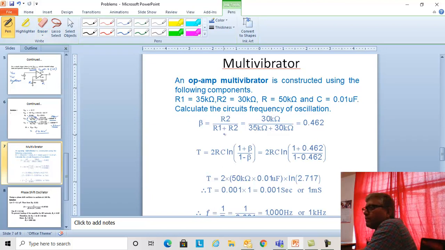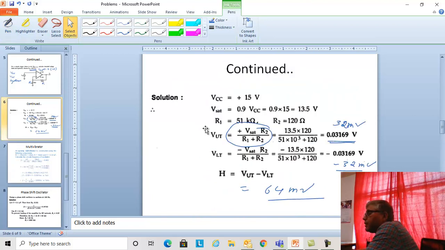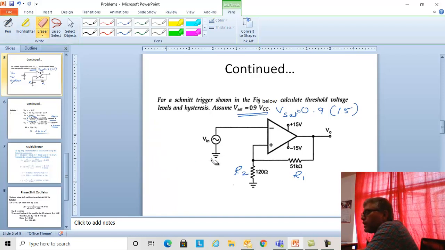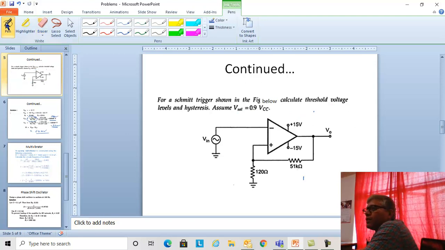Fine. So now, you know that an astable multivibrator circuit looks exactly similar to your Schmitt trigger, except that instead of this one, let me erase other things, I'm just trying to show you what you will have basically.